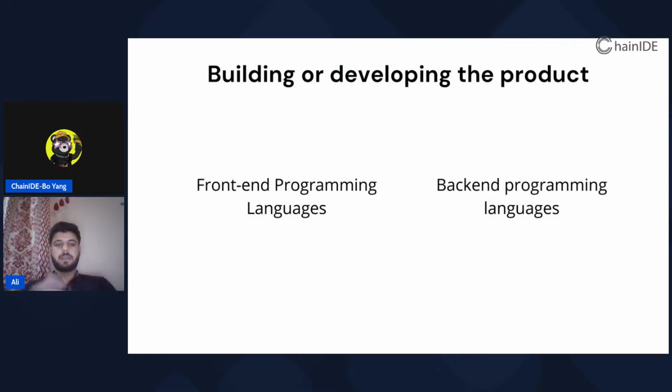So during these stages we do SWOT analysis also, and it can help to have a better project at the end. So we will mainly discuss building or developing the product.